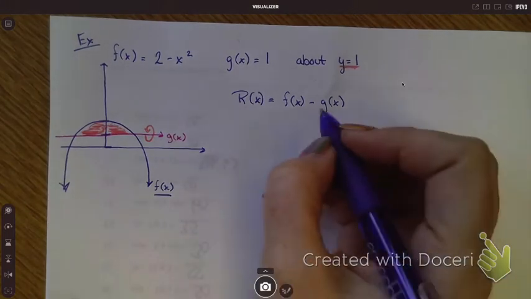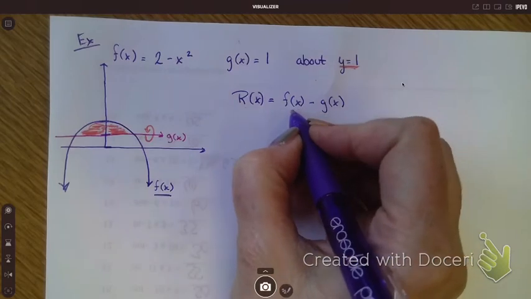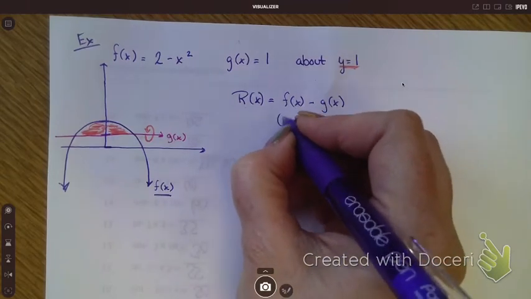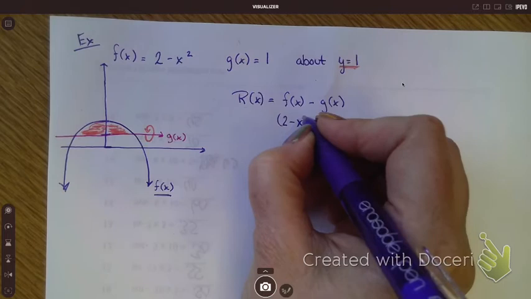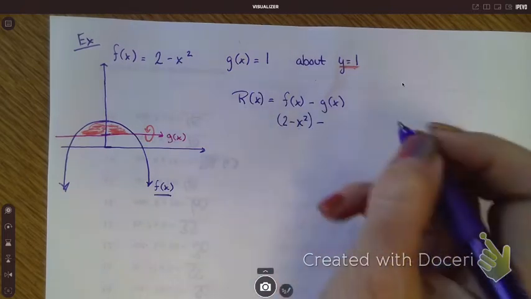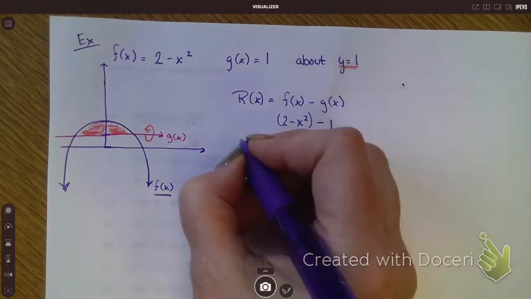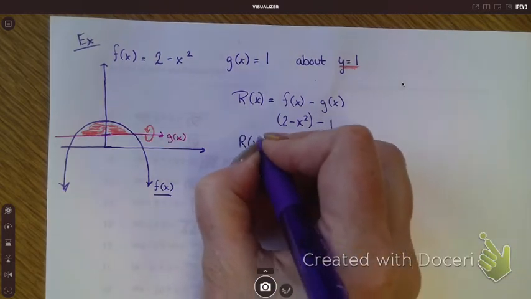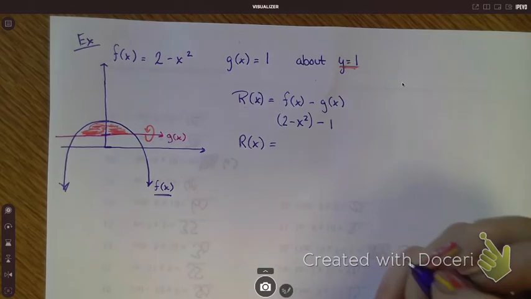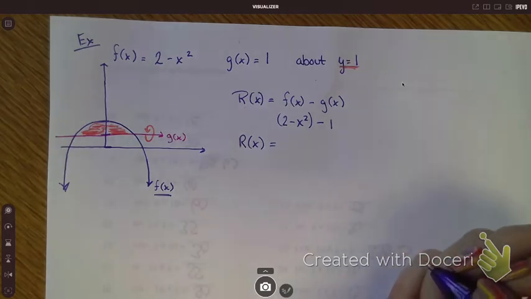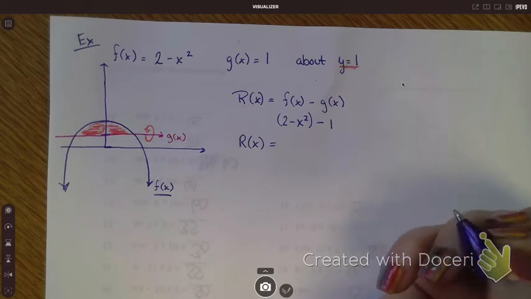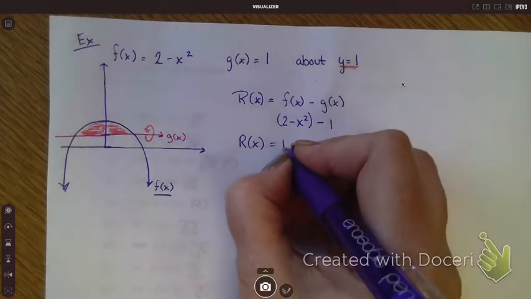So what is f of x? 2 minus x squared. So I have 2 minus x squared minus g of x, which is 1. So my r of x is going to be what? 1 minus x squared.